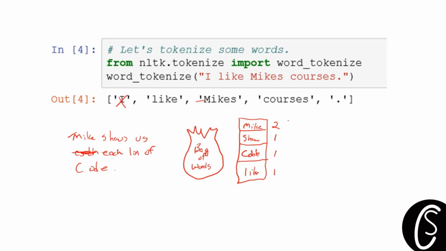So what we do now is we count the number of words in a body of text, right? Let's say this is a tweet about a movie. Well, if there are a ton of likes and loves, then that's going to be a positive tweet.